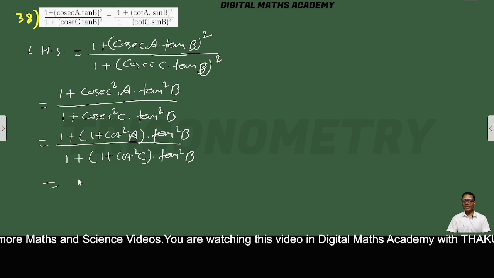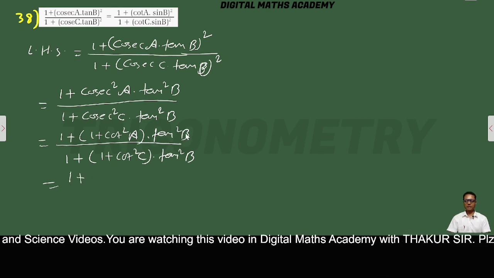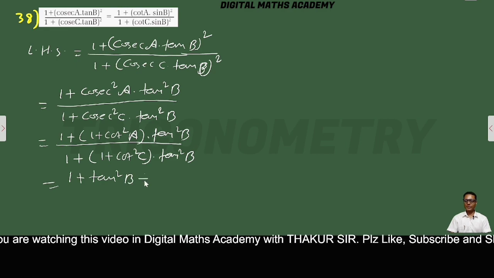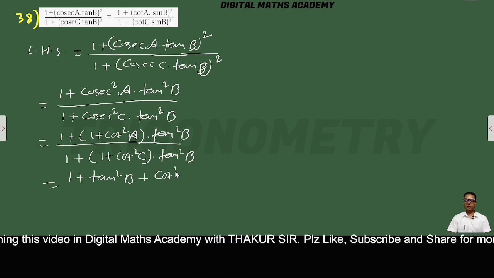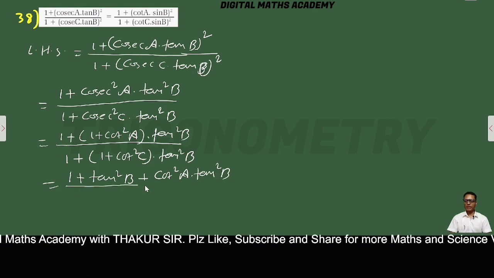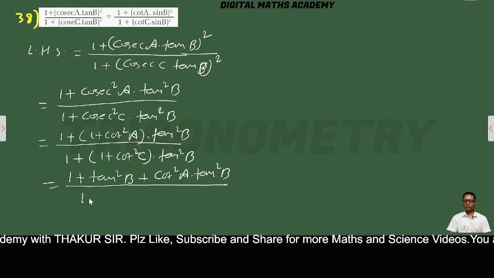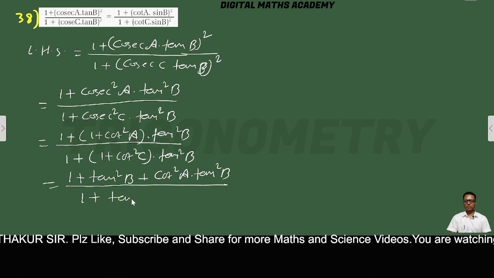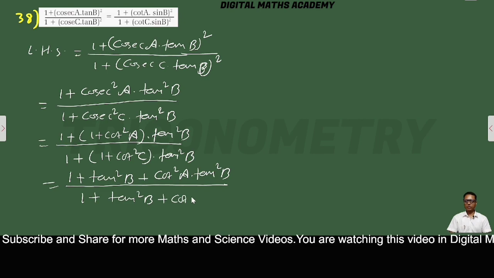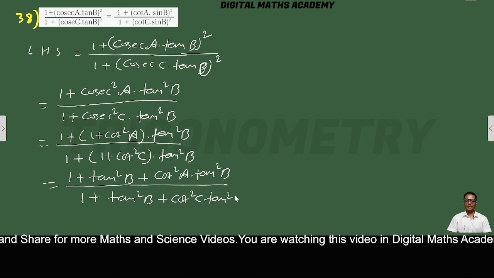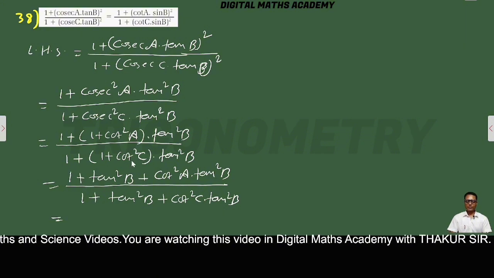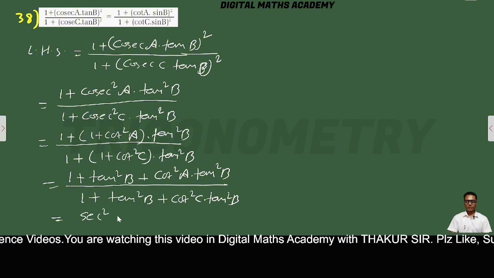Now we are going to open the bracket. So we write 1 plus tan² B into 1 equals tan² B plus cot² A · tan² B. And at the denominator, 1 plus tan² B plus cot² C · tan² B. So we know that 1 plus tan² B equals sec² B, right?